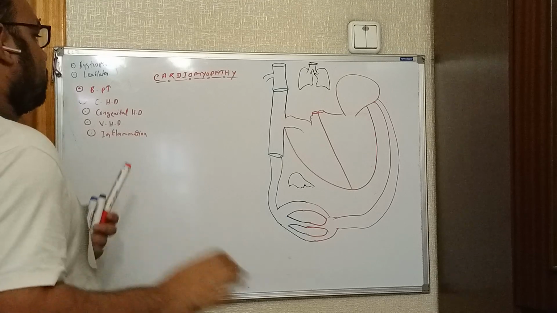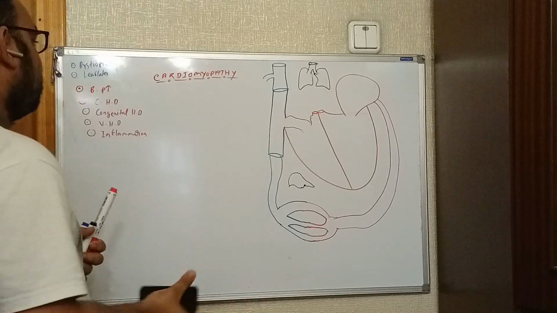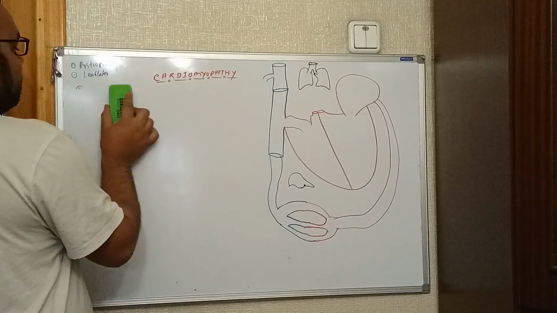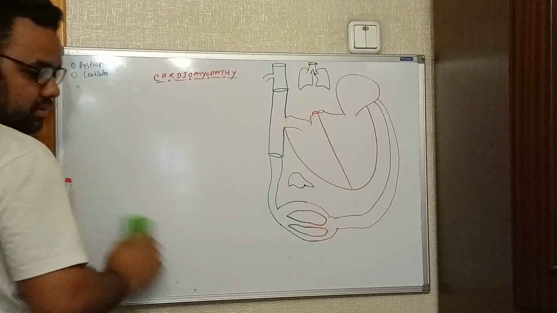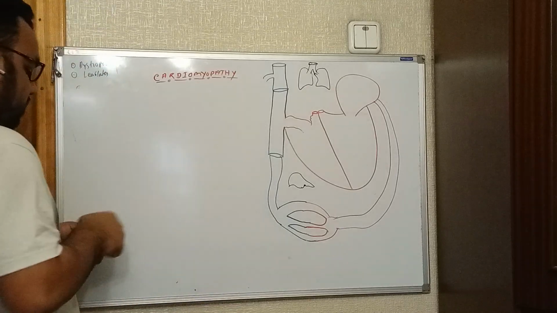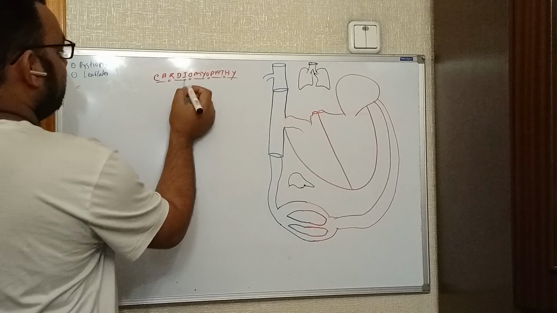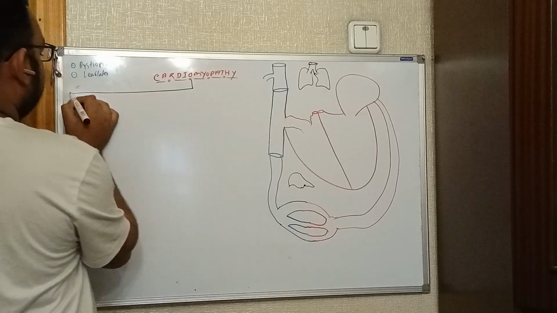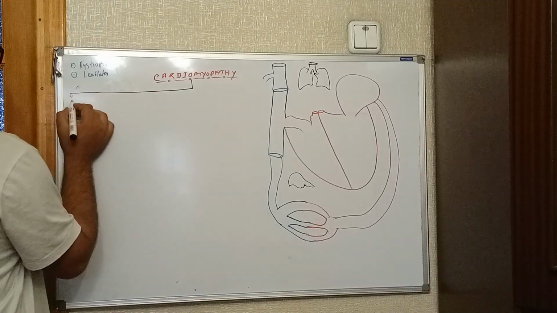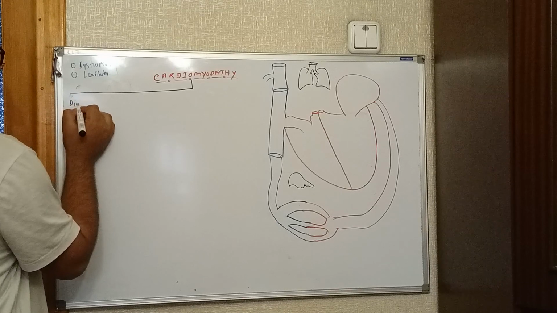Okay. So on the basis of that, the cardiomyopathies we can classify in the three types. So let me write them there. The cardiomyopathy we can divide into three types primarily. So first part we can write it here, the dilated cardiomyopathy.